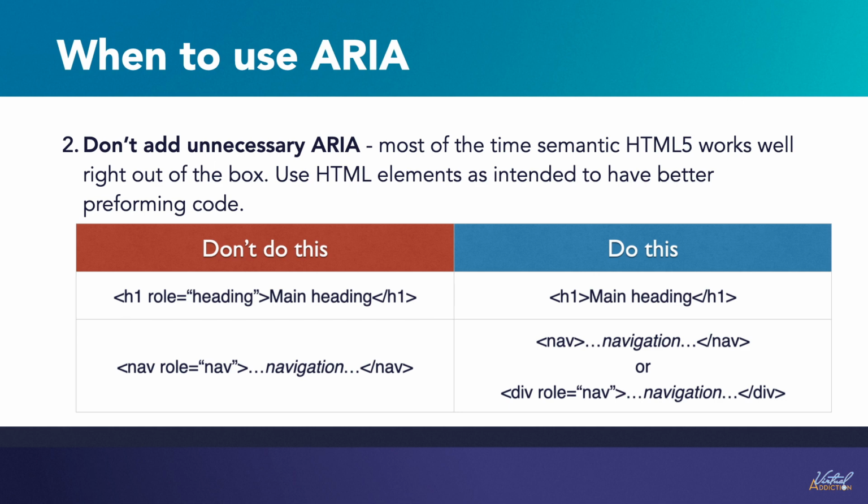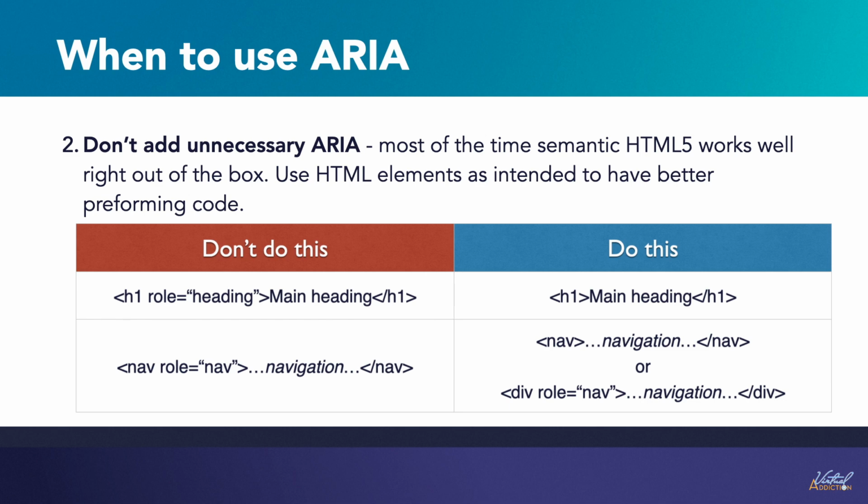Instead of adding an H1 element with a role of heading, just use an H1 element. Instead of using a nav with a role of nav, simply use the nav element. Or in certain situations where you have to use a div element instead of a nav element, then the role attribute equal to nav would be appropriate.